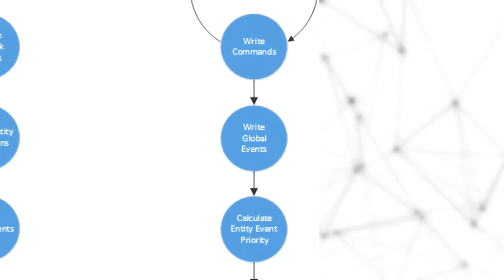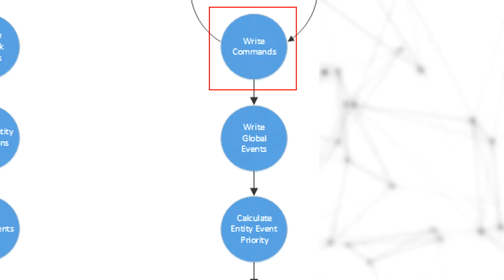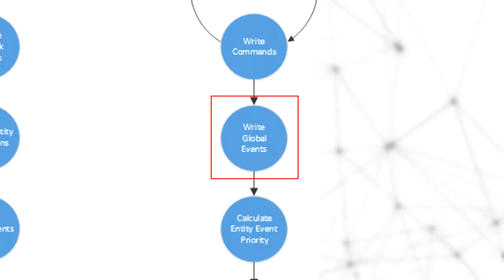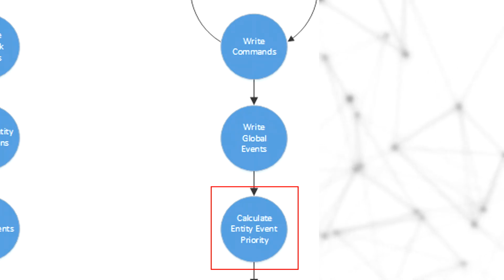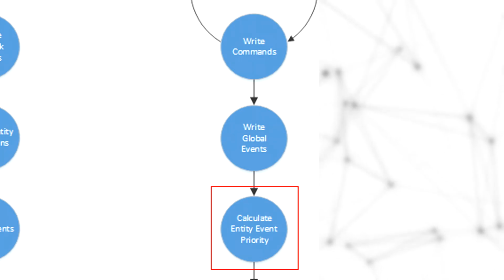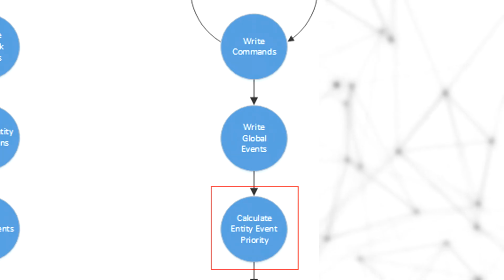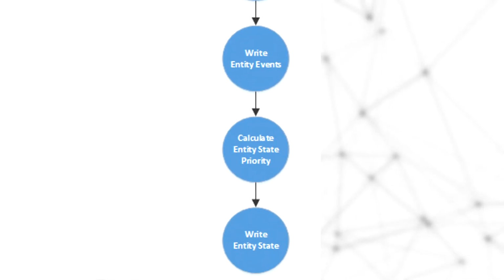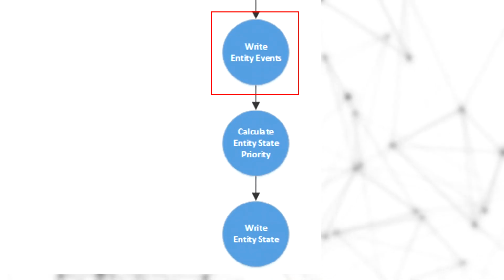So here at first we'll have the write command that we will see in the next episode. Then we have the write global events, which we have seen in the last episode about global events. Then we have the calculation of entity event priority. This is an optimization that we'll see in the optimization episode. And so we have next the write of the entity events.